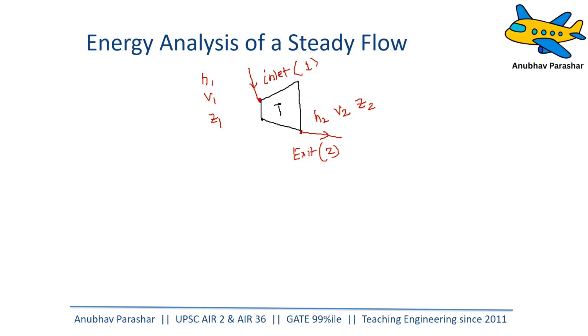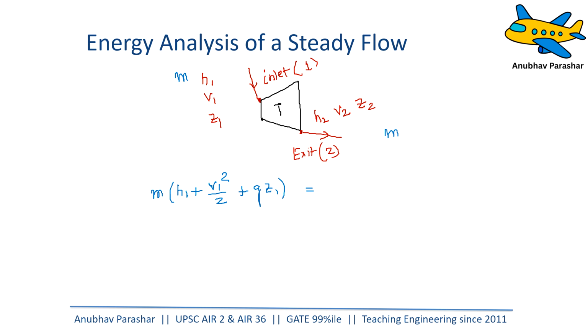Now let me say the mass flow rate. Whatever mass is coming inside, the same amount of mass would be going out in this case. So if you want to write the energy equation, total energy entering the inlet is equal to mass into H1 plus V1 square by 2, this is the kinetic energy part, plus gZ1.